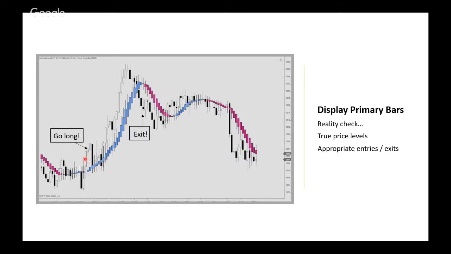So in fact, the go long scenario occurred up here, and the exit was way down here. So these paint bars here, or the Heikin Ashi bars, do not really tell us the truth about what's going on in the real market, as you see here.